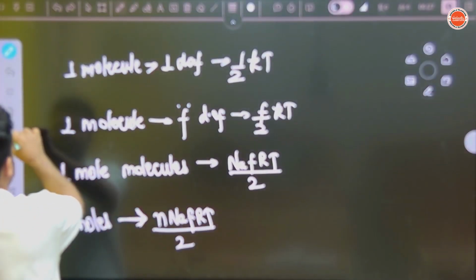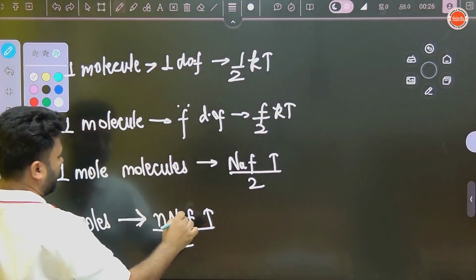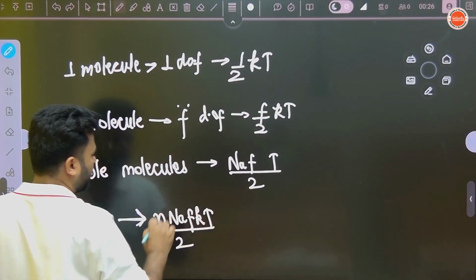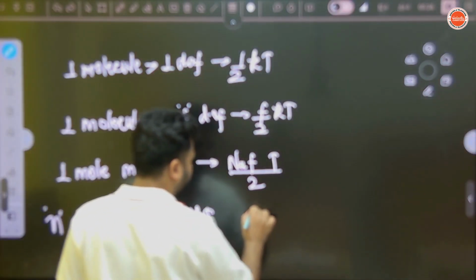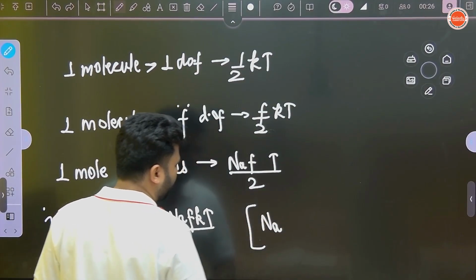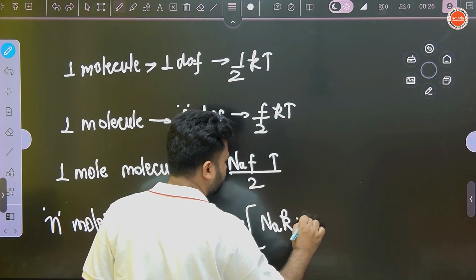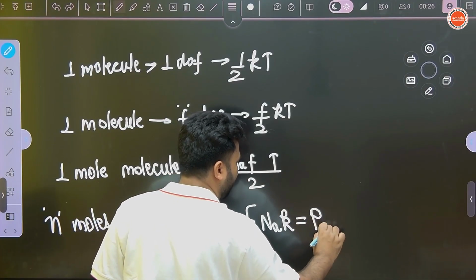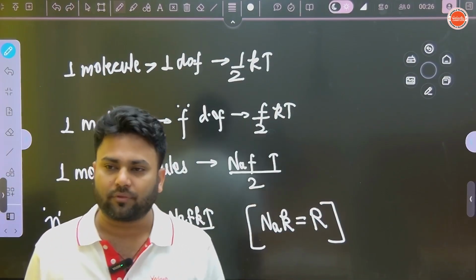This is k. Always remember, this Na into k, Avogadro's number multiplied by the Boltzmann constant, is R. R means gas constant, 8.314.